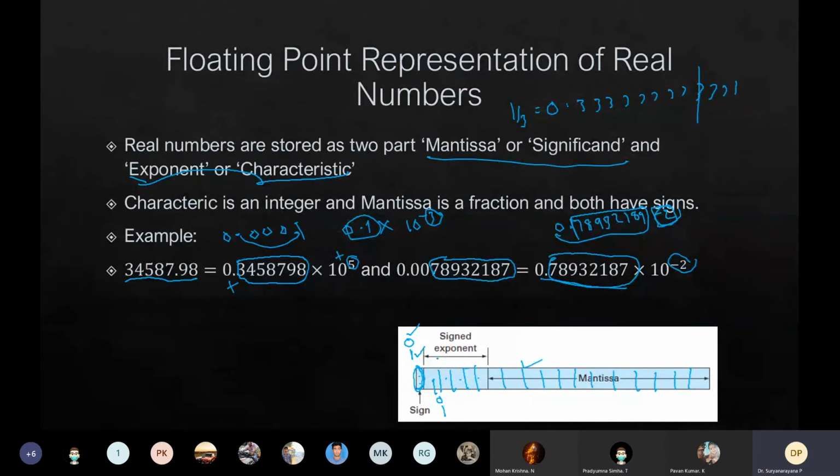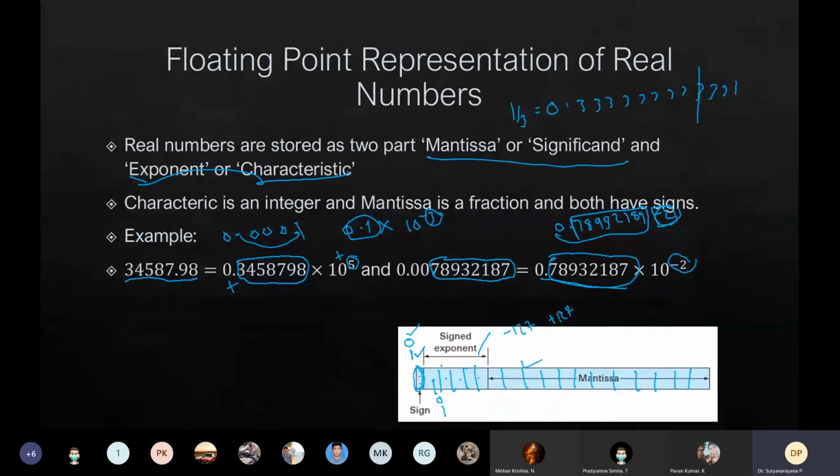Then we have to have a certain number of places to store the exponent. See, exponent is an integer. So depending on the number you store here, that will limit the range of exponents you have. I just told you, right? If you have 8 digits to store the exponent, the exponents that you can store are negative 127 to positive 127.